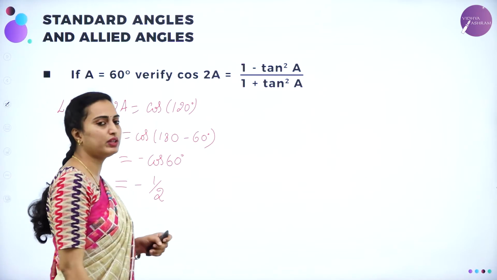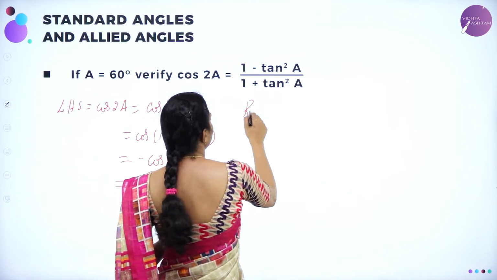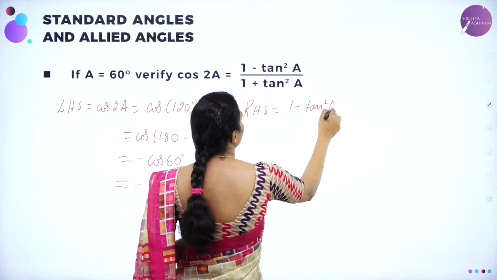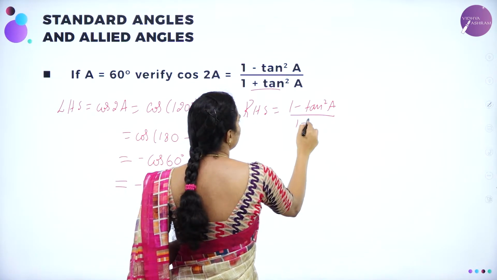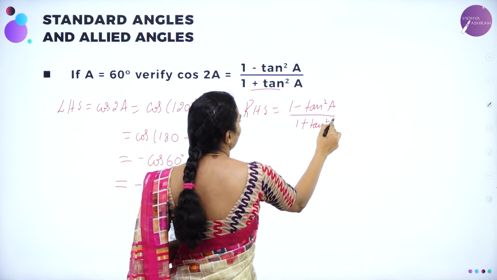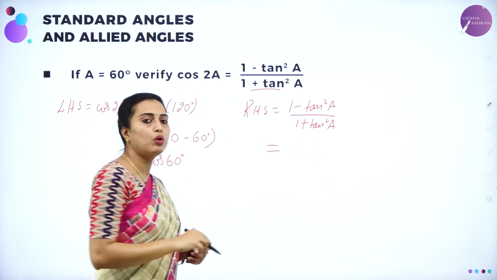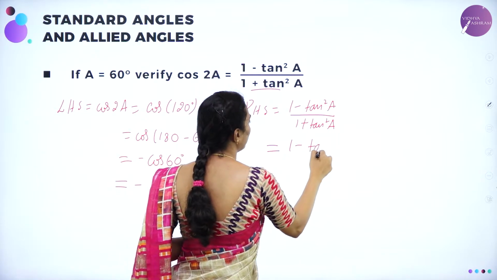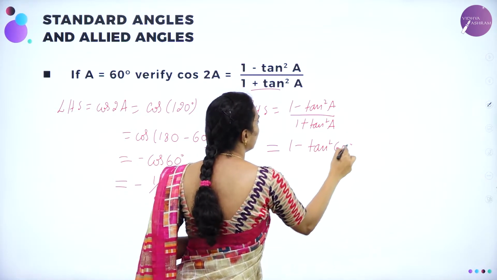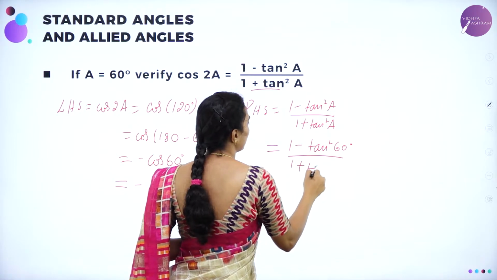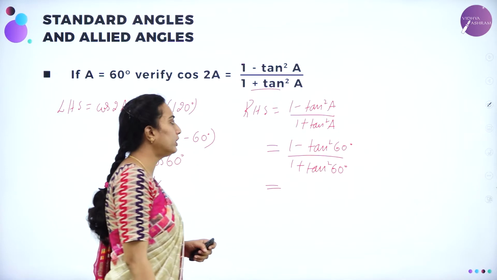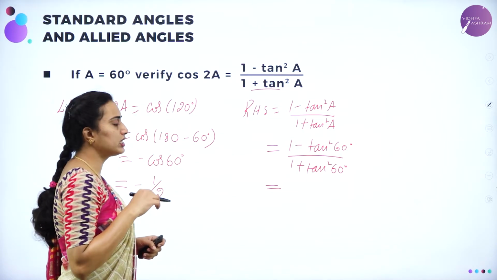Let me verify with the right hand side. Right hand side is given as 1 minus tan squared A divided by 1 plus tan squared A. Substituting A is equal to 60 degrees, 1 minus tan squared 60 degrees divided by 1 plus tan squared 60 degrees.